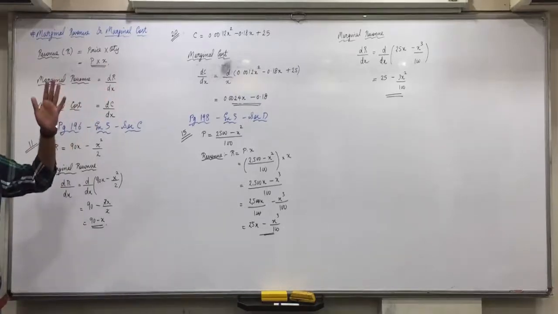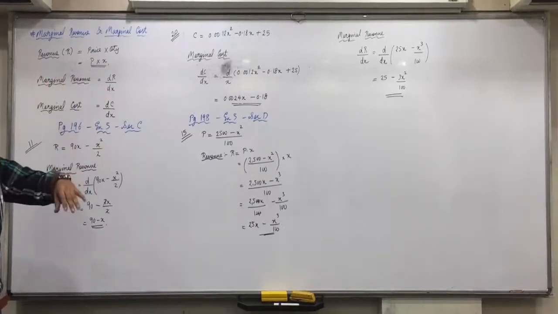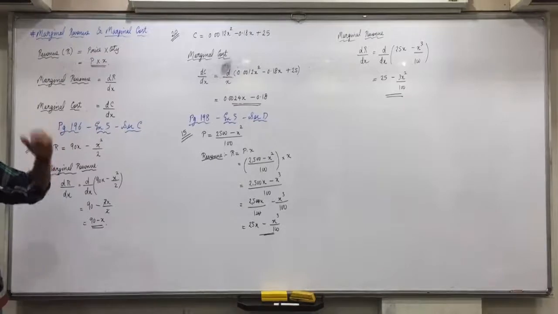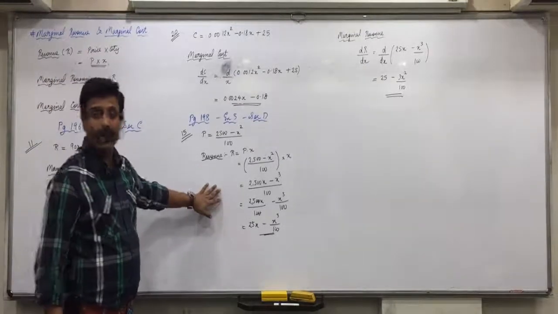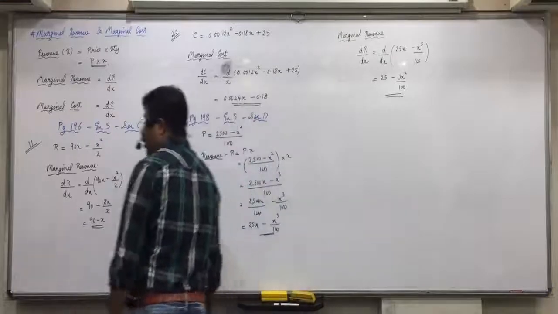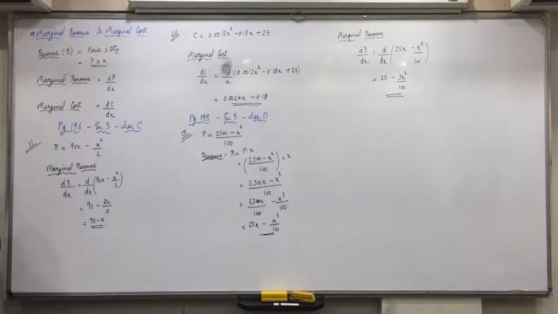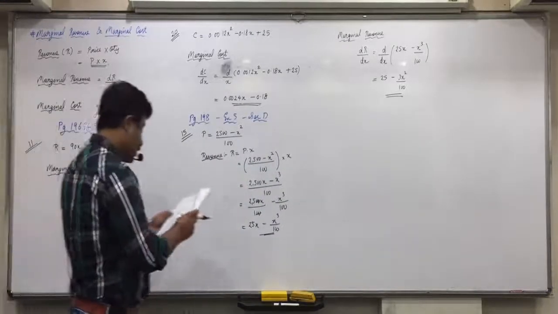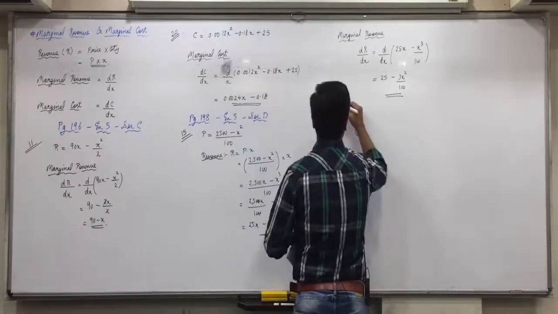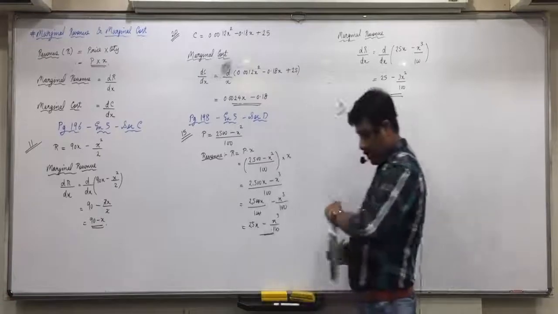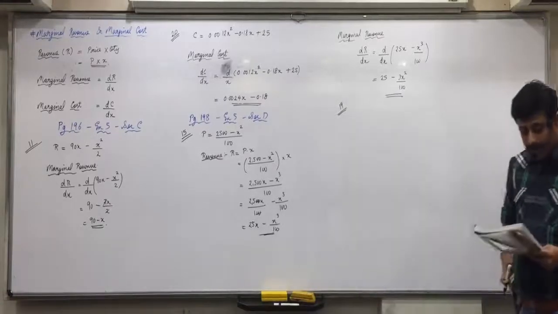V du by dx minus u dv by dx upon v square. So this is an easier way of doing it. Is everyone clear with it? Now, question number 19. Be attentive.